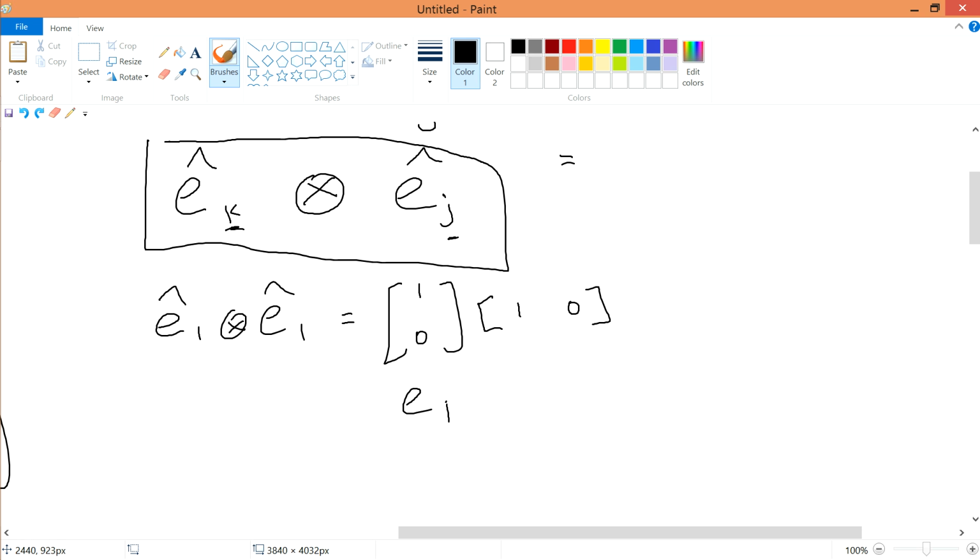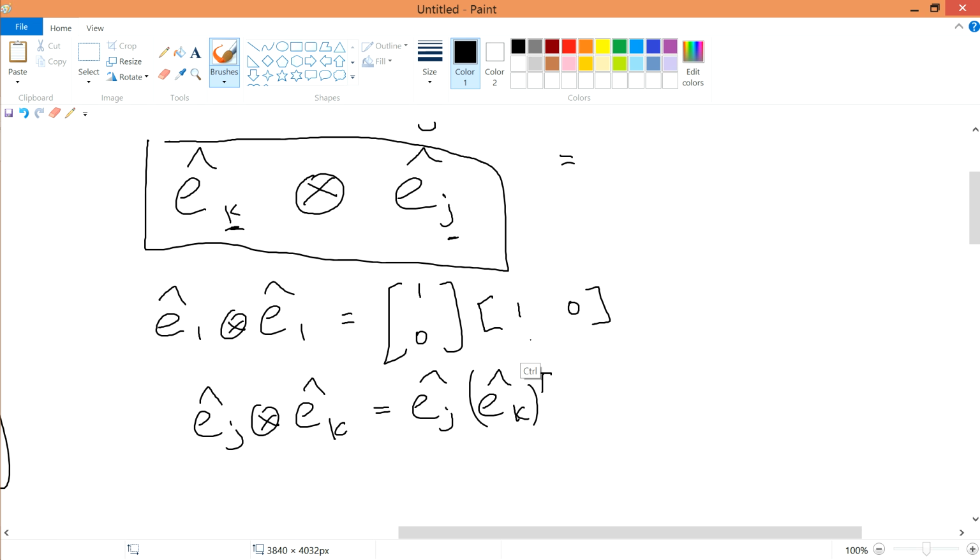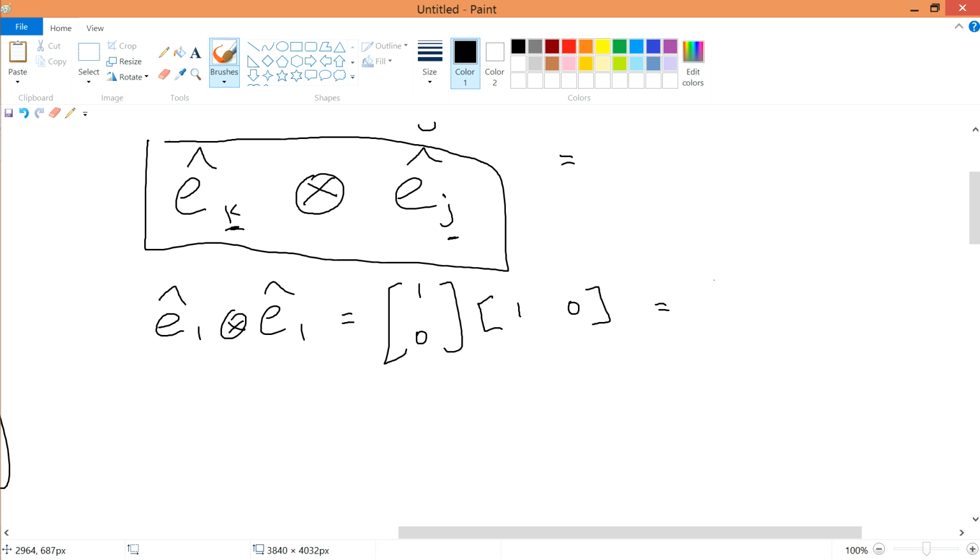Perhaps we can say that the dyadic product is simply Ej hat multiplied by Ek hat transpose, in a certain meaning. This is just that perspective. So if I do that, I have a matrix of 1 0 0 0.